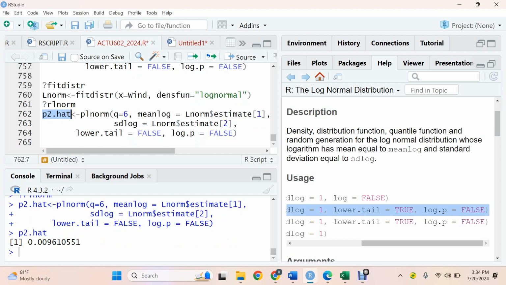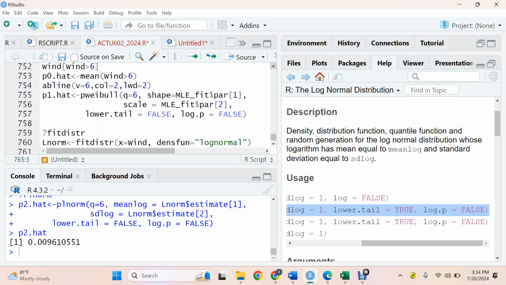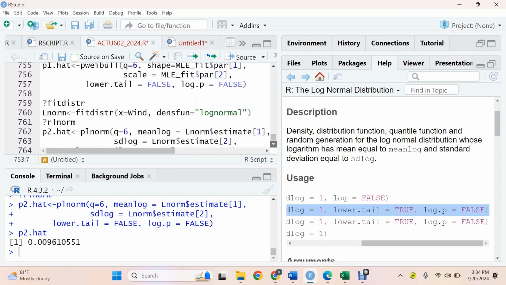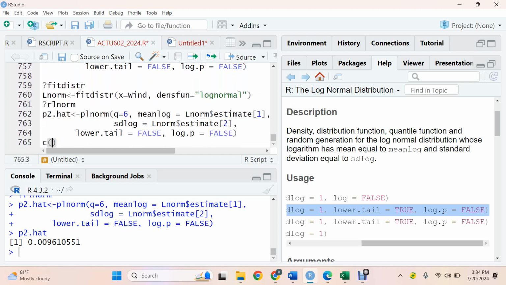Okay. So now I can put them together. The first one was what? P not hat, P1 hat. Of course, we want the one that will give us the best.